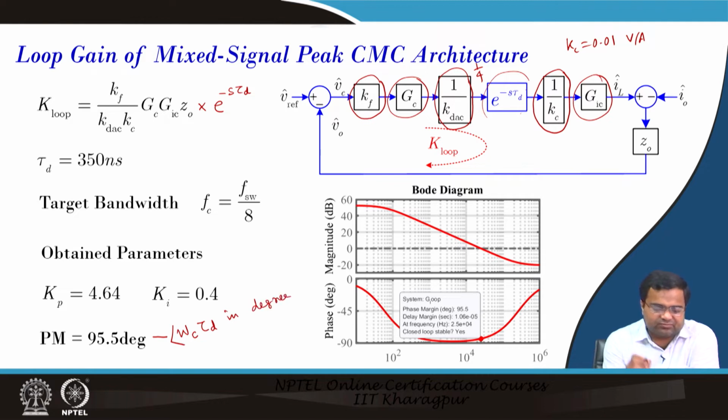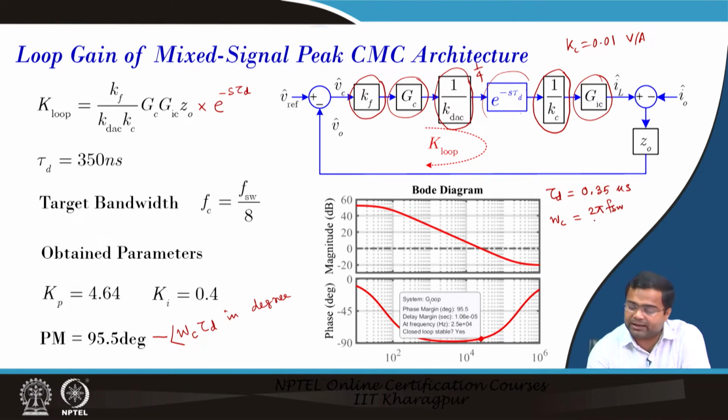Since our tau d is 0.35 microsecond, and our crossover frequency is 2 pi Fsw by 8, and Fsw is 2 pi by T, into 8, that means 80.